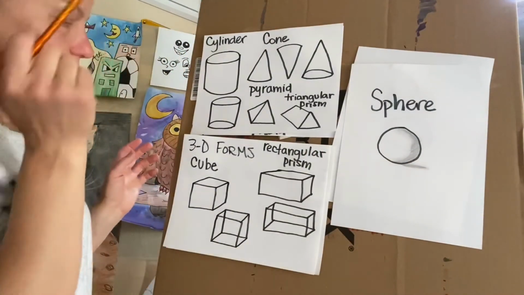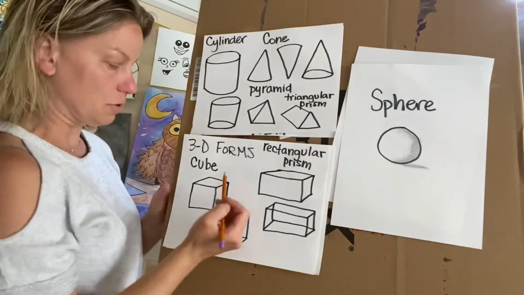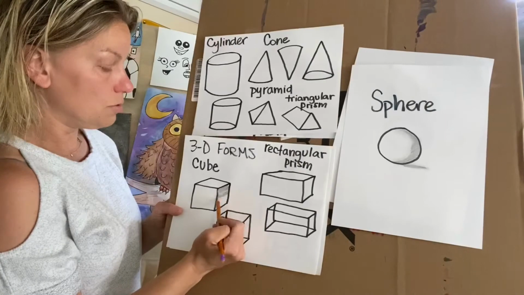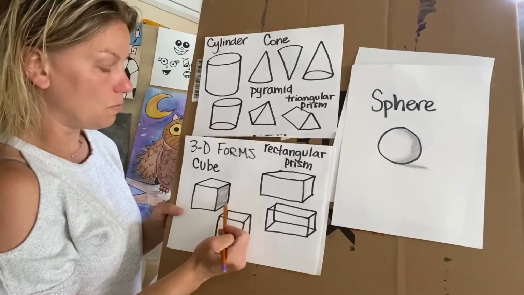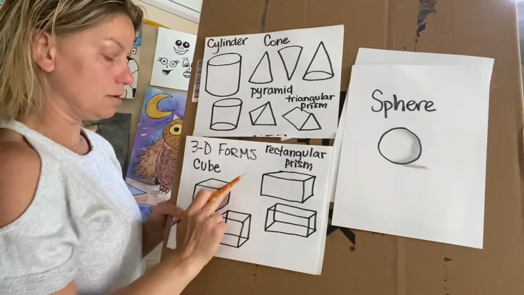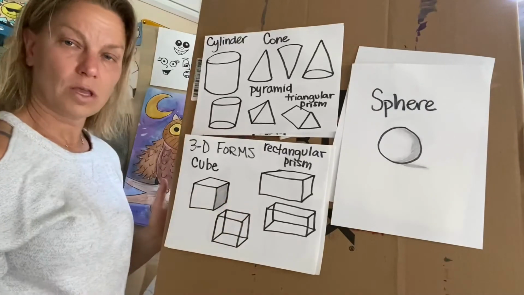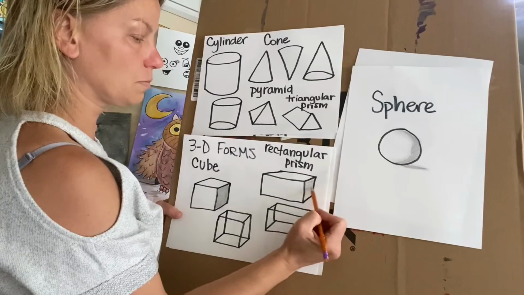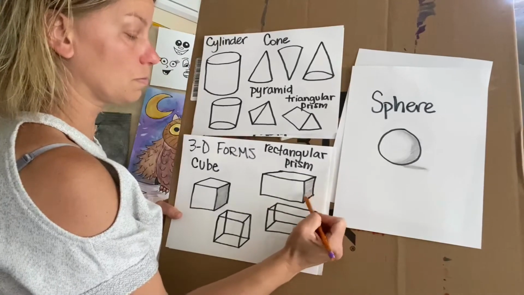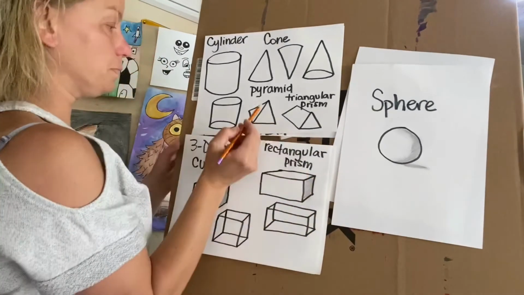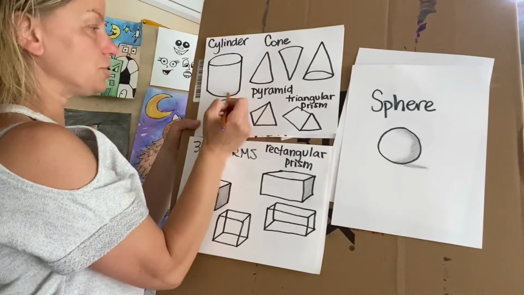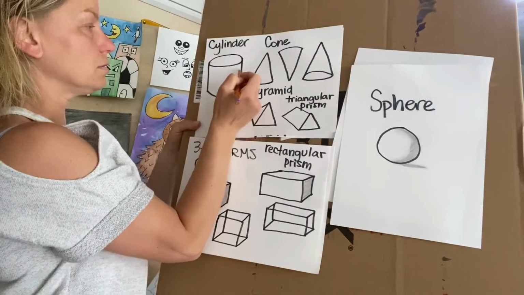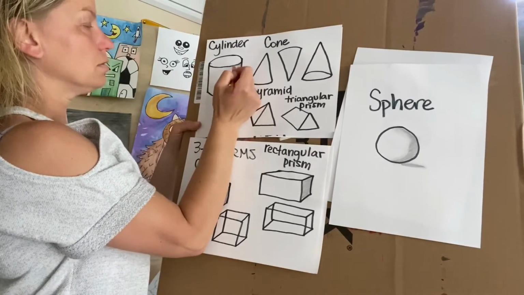I'm actually gonna go and show you how we can shade all the 3D forms. If you were to shade a cube, you would shade one whole side like this. If you were to shade a rectangular prism, same thing. The cylinder, you actually would make these kind of curved lines around the side.